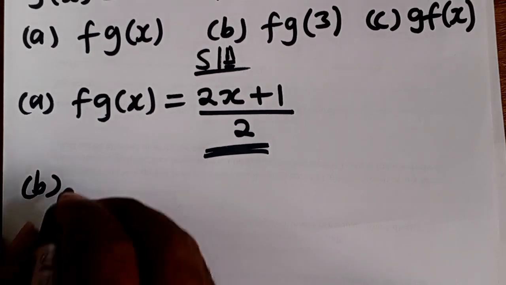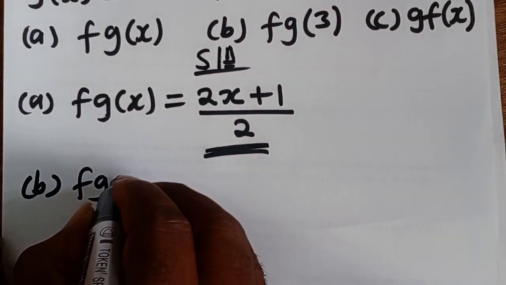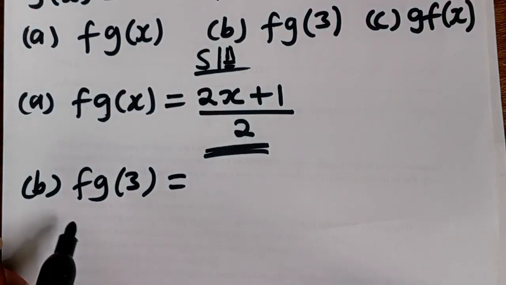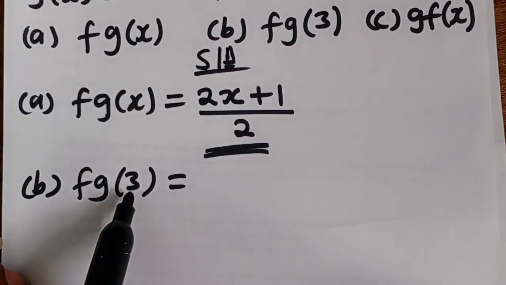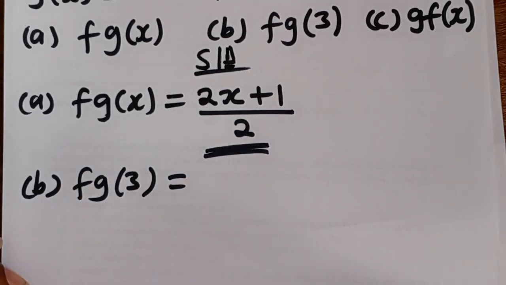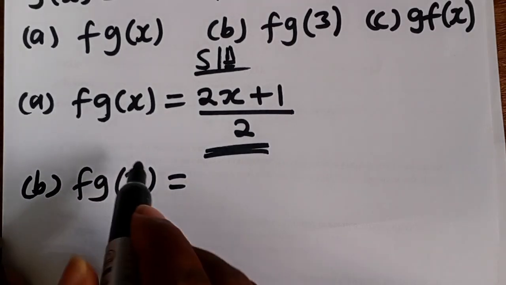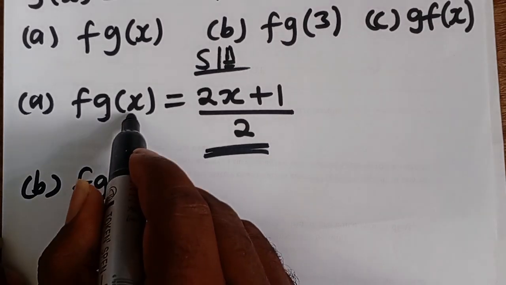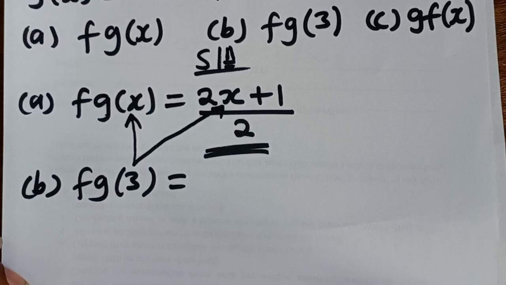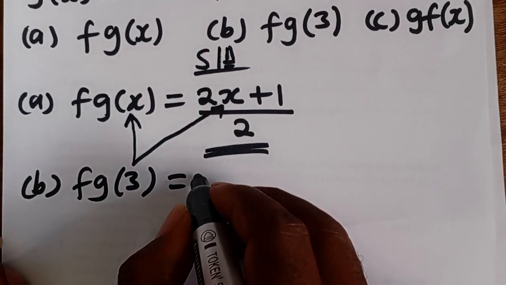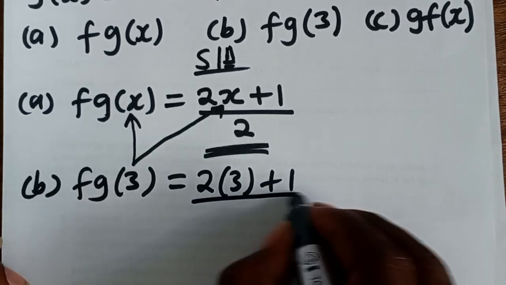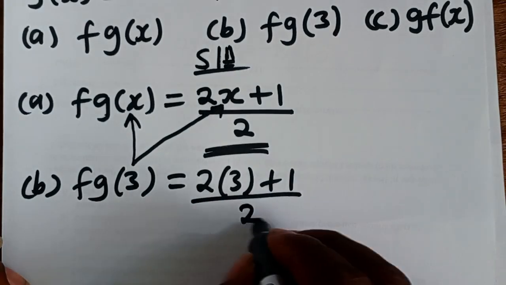Then part B, find fg of 3. For us to find fg of 3, we need to use the answer of fg of x. Where there is x in the fg, you substitute 3. So this is what we are going to have: (2 times 3 plus 1) over 2.